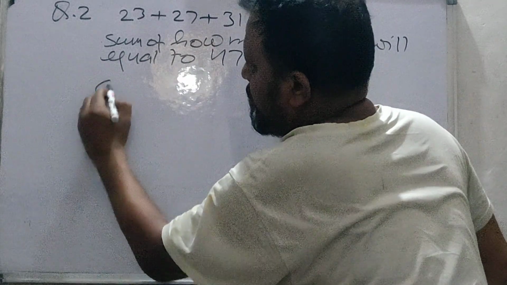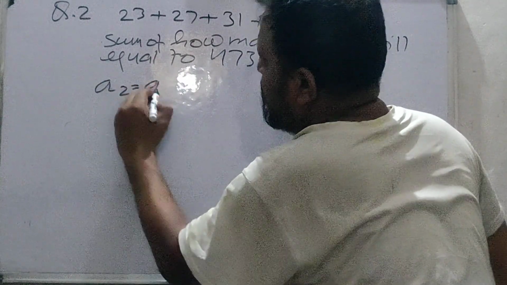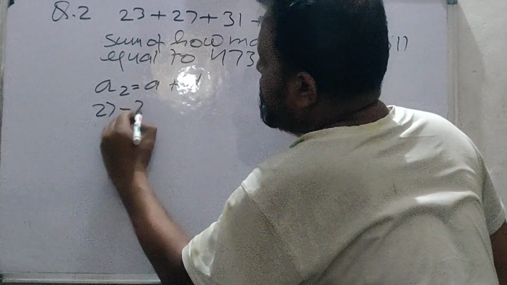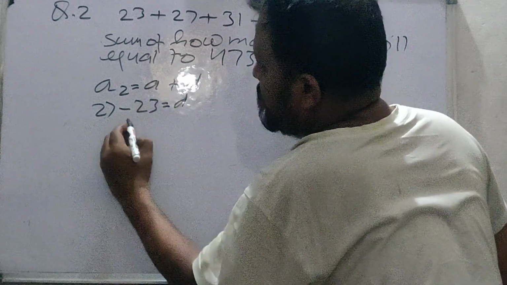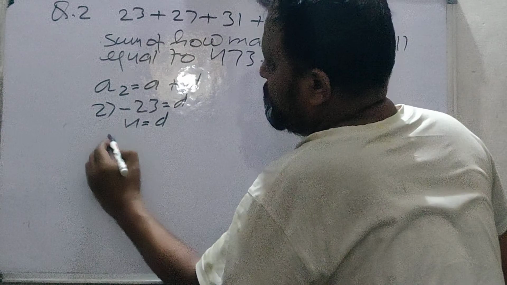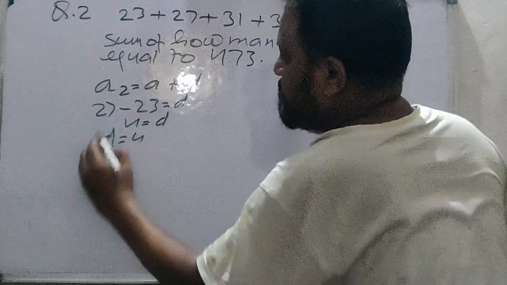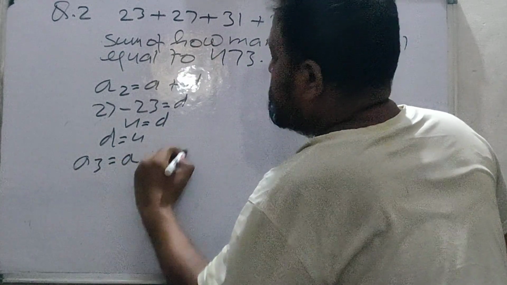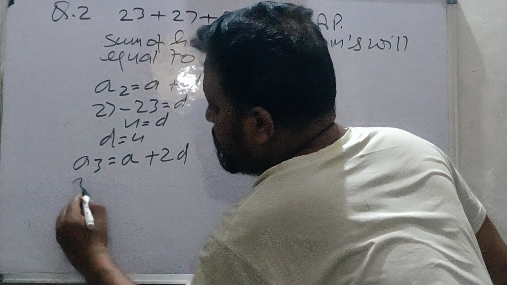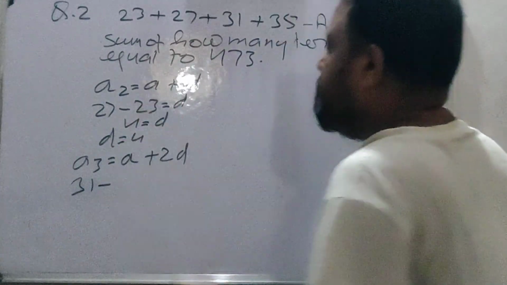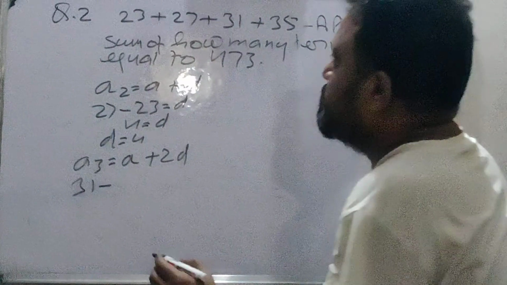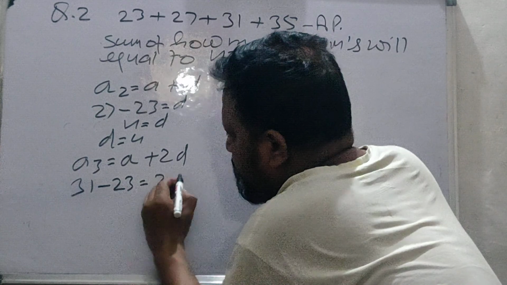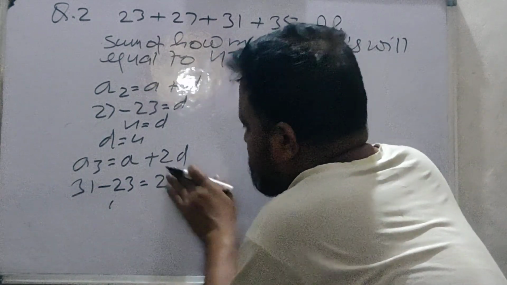So A2 is equal to A plus D. So it becomes A2, that is 27 minus 23, is equal to D. So 4 is equal to D. And similarly, A3 is equal to A plus 2D, so 31 minus 23 is equal to 2D.